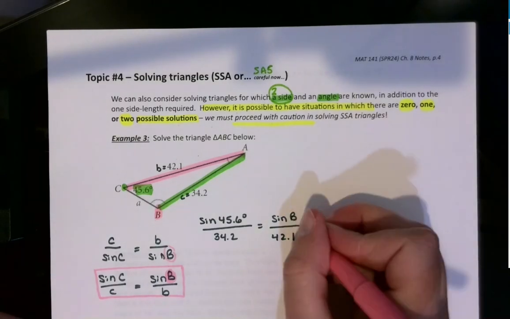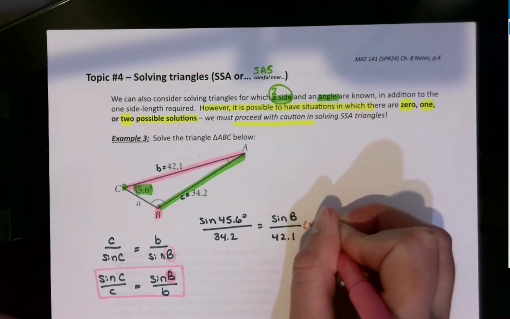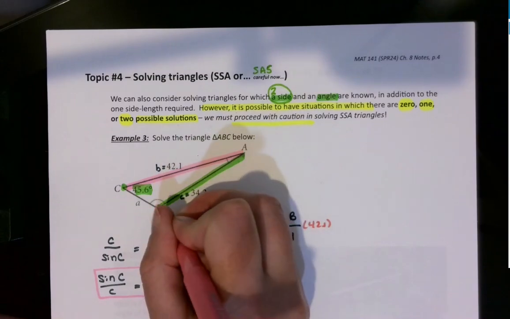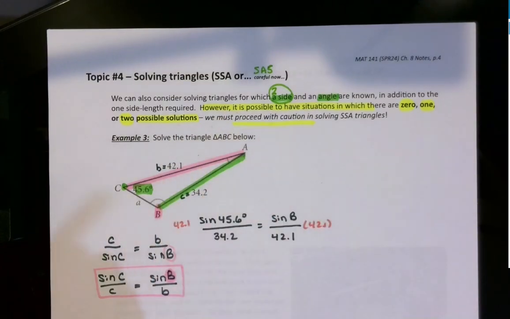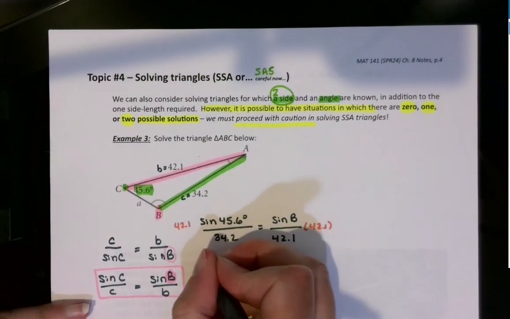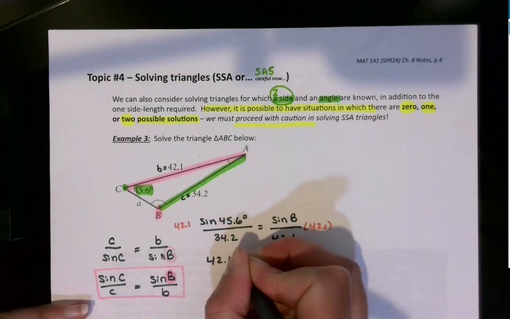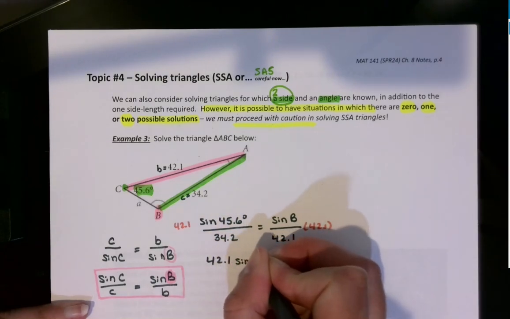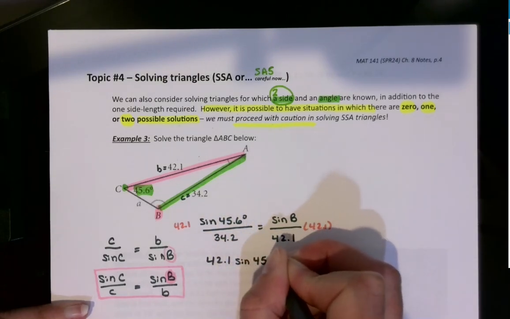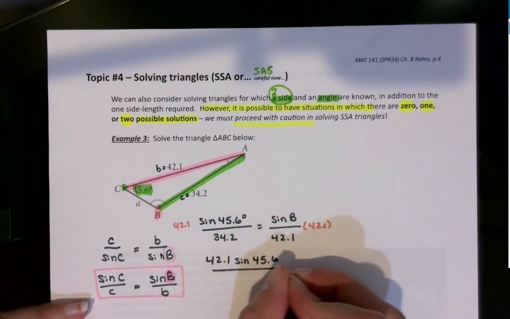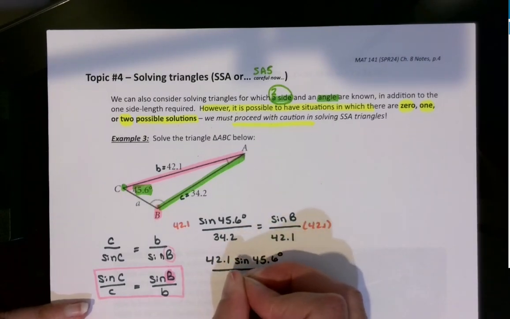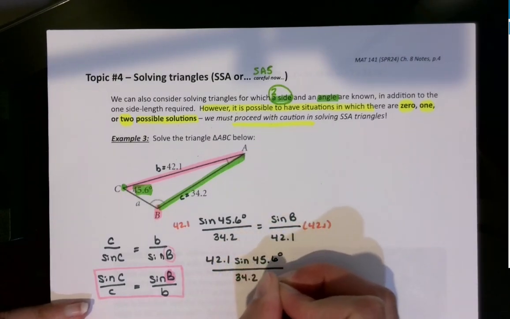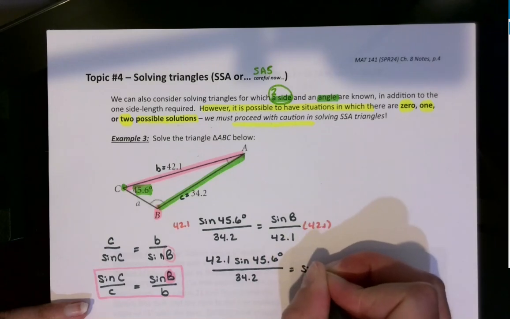As we mentioned, we're going to be able to multiply that 42.1 over to both sides. And that'll give us 42.1 times the sine of 45.6 degrees over 34.2 equals the sine of B.